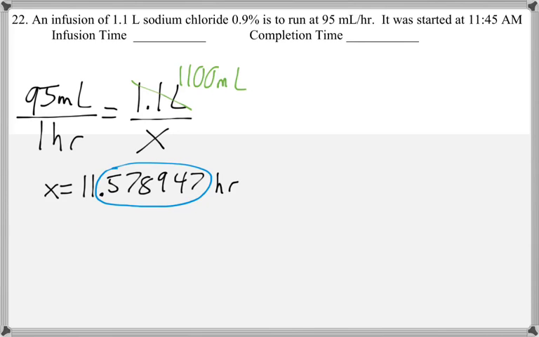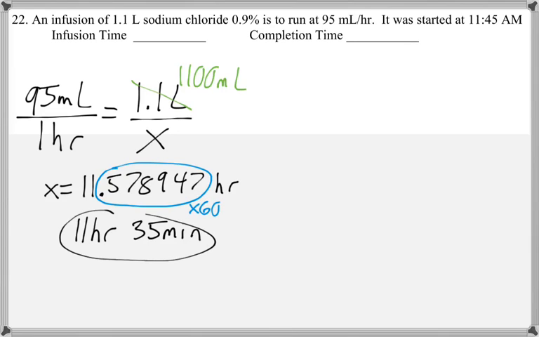And we have the 11 hours. And this is going to be 35 minutes if we round to the nearest whole number. So I multiplied that by 60 and then rounded to the nearest whole number. So that is my infusion time.